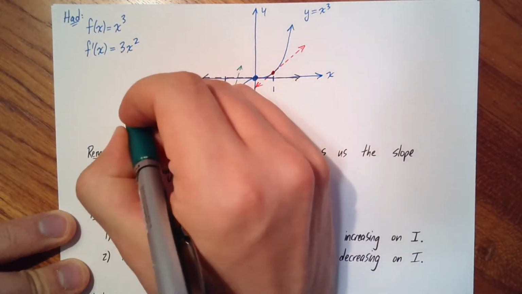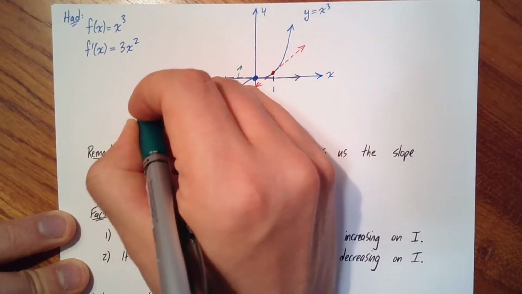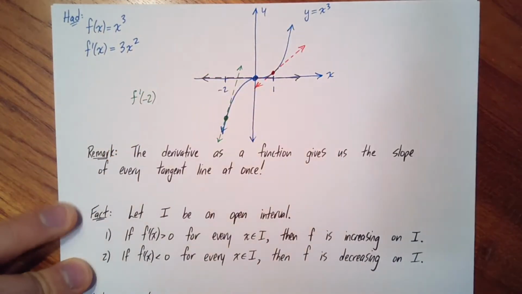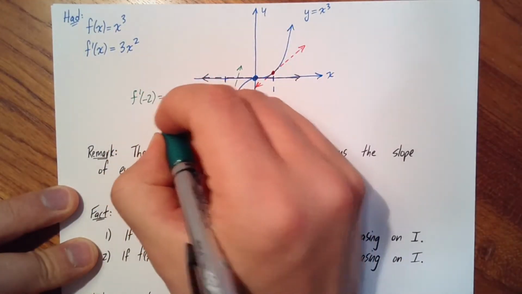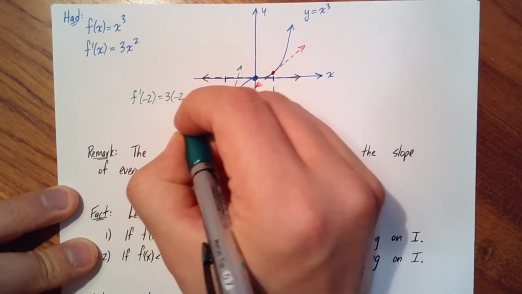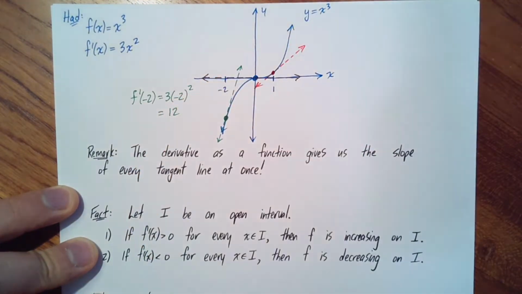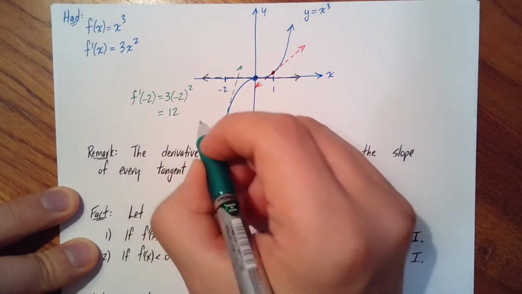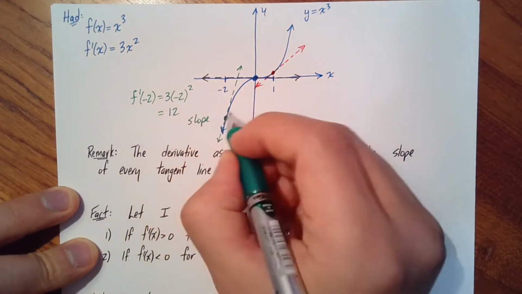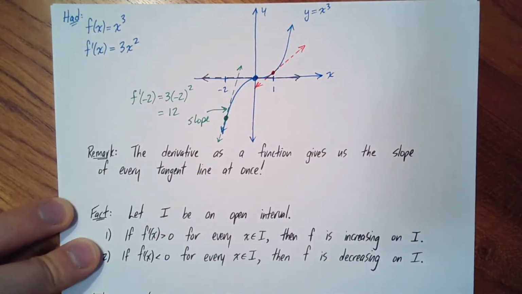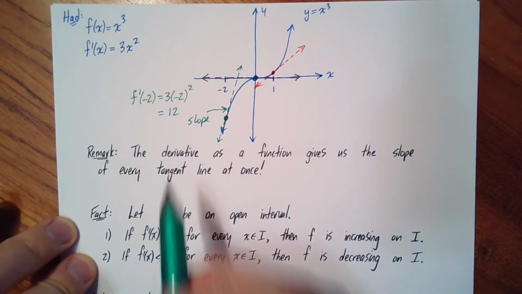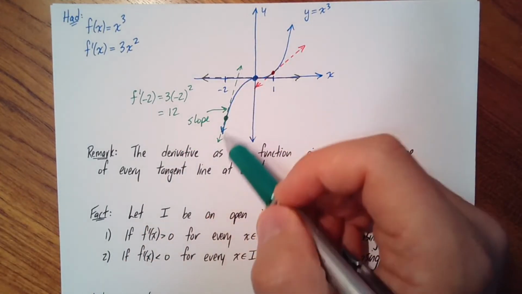So if I plug -2 into f prime, I get f prime of -2 is 3 times -2 squared, which is equal to 12. And that is going to be the slope of that line. The 12 is going to be the slope of this green line.